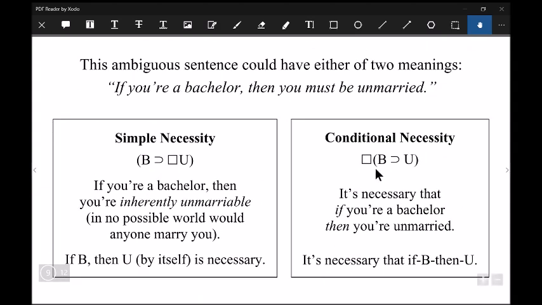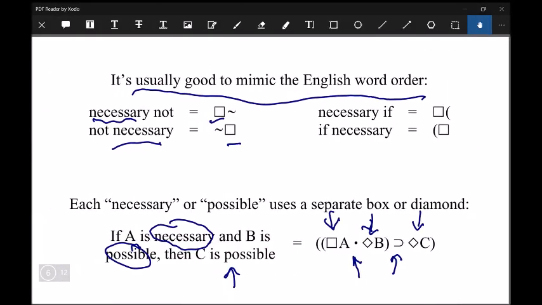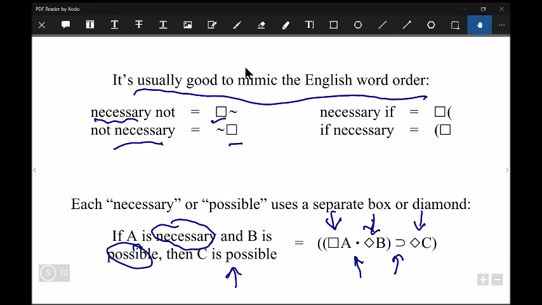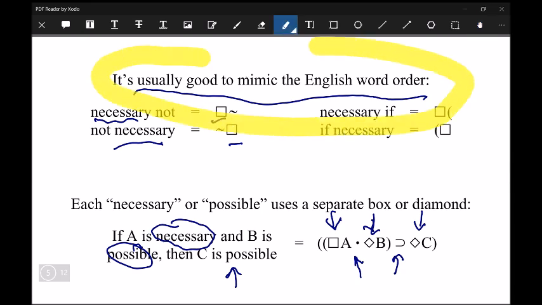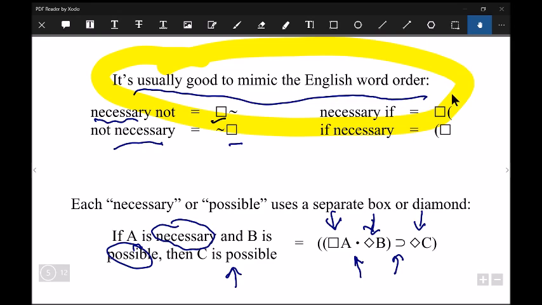Okay, and I told you before we had a rule that it's good. Where was the rule? Right here. It's usually good to mimic the English word order. Okay, and that's true normally, but sometimes not.